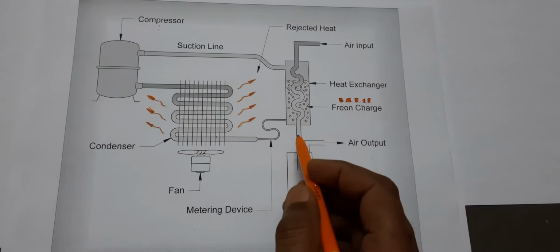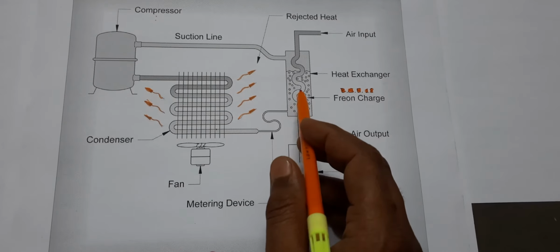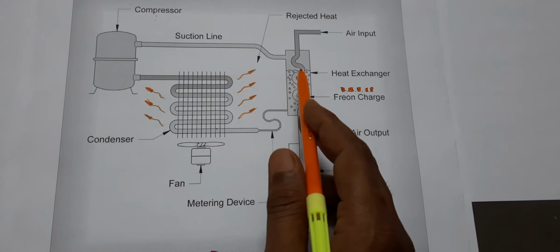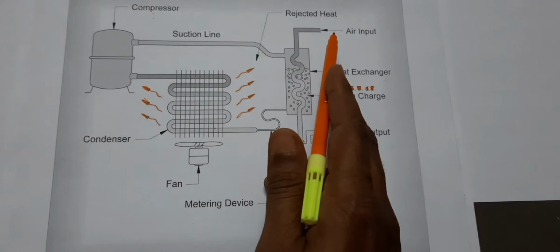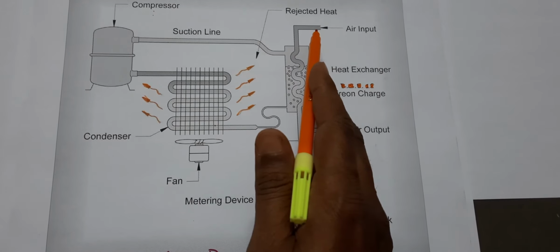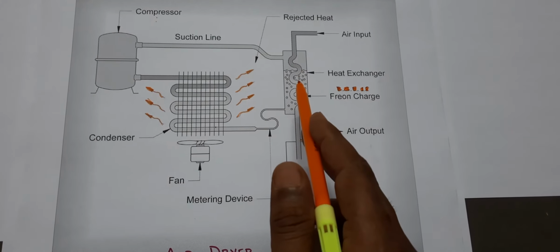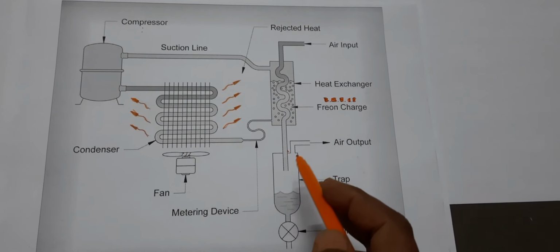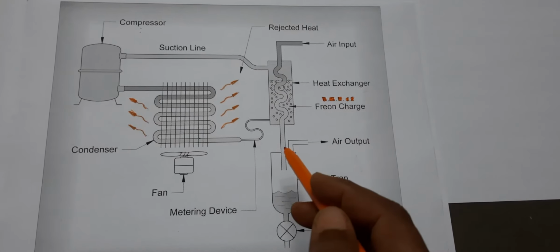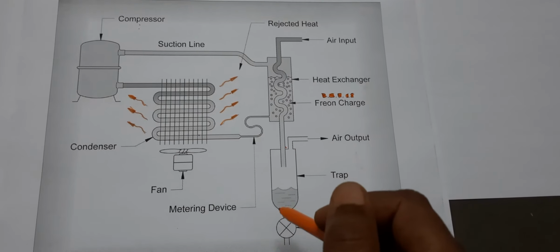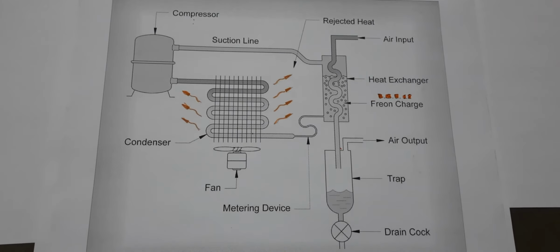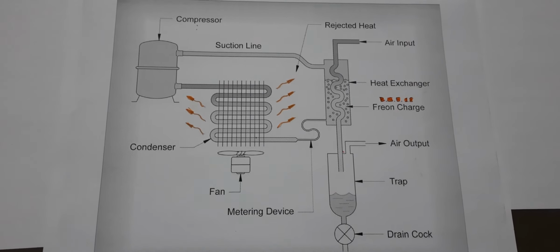And this coil-like tube you are seeing is the air input, the air coil, where the air supply comes from the top. After passing through the heat exchanger, the air goes to the other end, that is the trap, where the air is collected and condensed moisture is drained. Right? Let us go into the detail of each function.